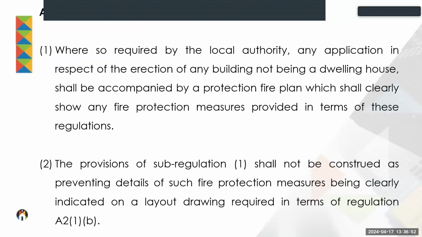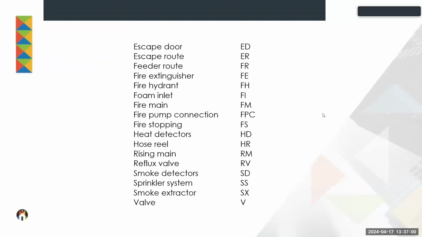You can indicate that on your normal layout plan if it's small enough, and you can show all those details on there. On your fire protection plan, clearly mark the following: escape doors, escape routes, etc., with the symbols, or the abbreviations, as indicated there.